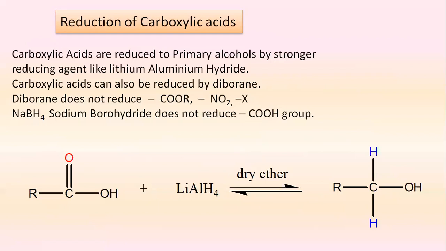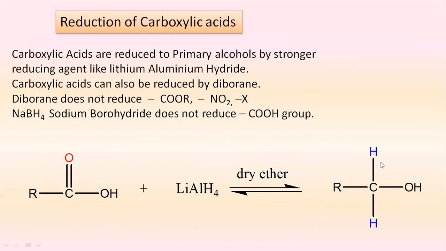Sodium borohydride does not reduce the carboxylic group. Means what we use here is only lithium aluminum hydride, or we can use diborane. With lithium aluminum hydride, a stronger reducing agent, carboxylic acids are converted into primary alcohol. See what happened here: the carbonyl group C double bond O changed.